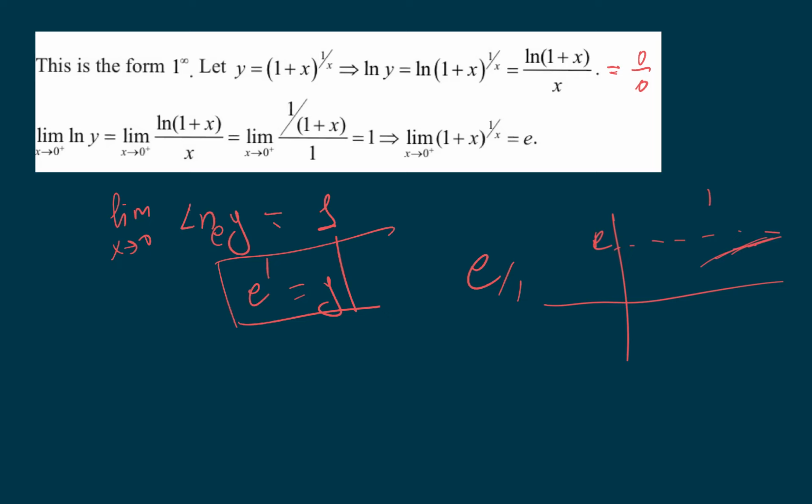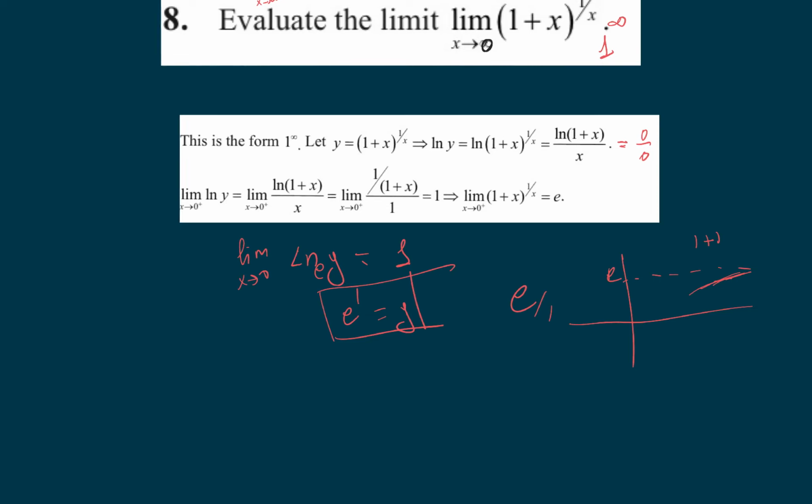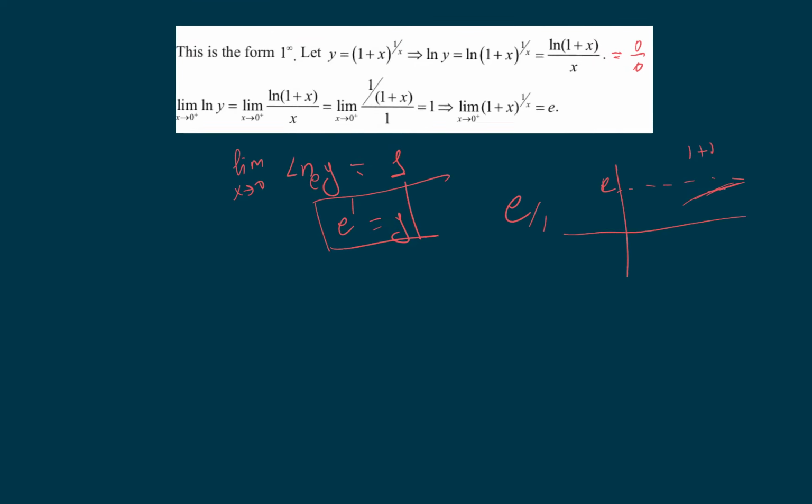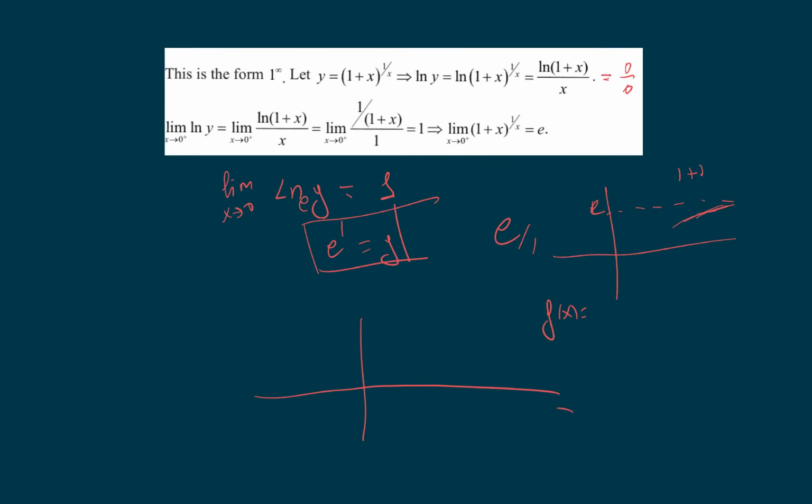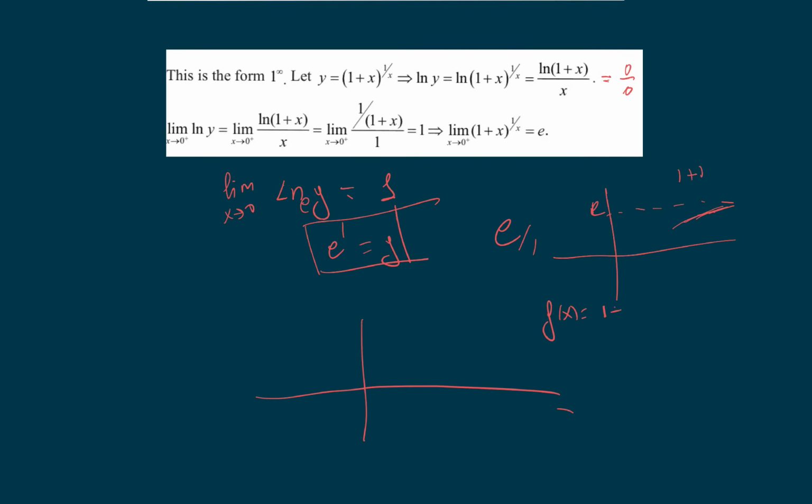If you represent the function 1 plus x, when x goes to 0, it will go to 1. So let's try to guess how the function will look. The function f of x that I want to represent is 1 plus x raised to the 1 over x.